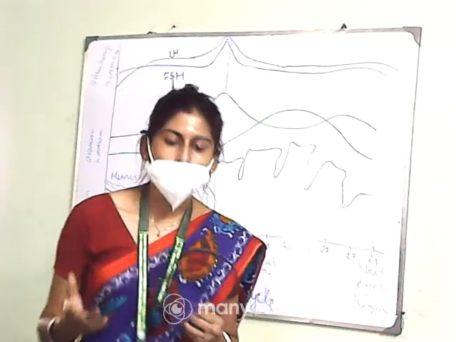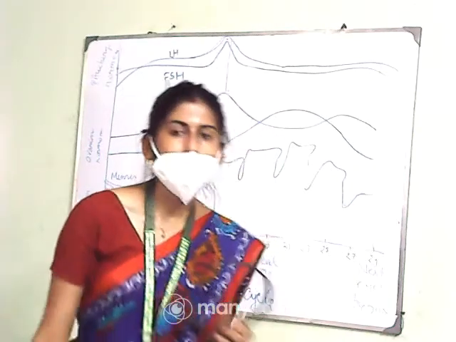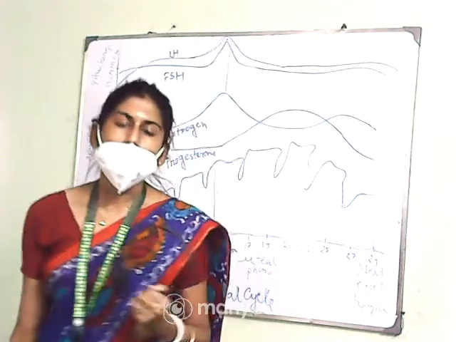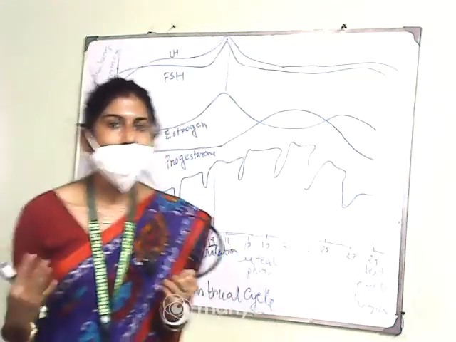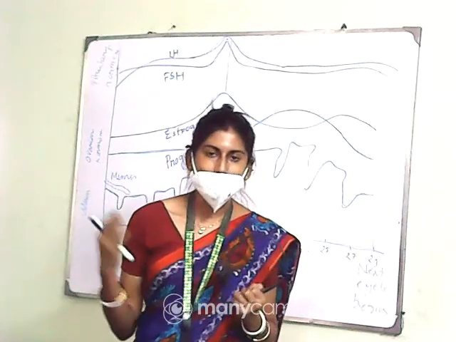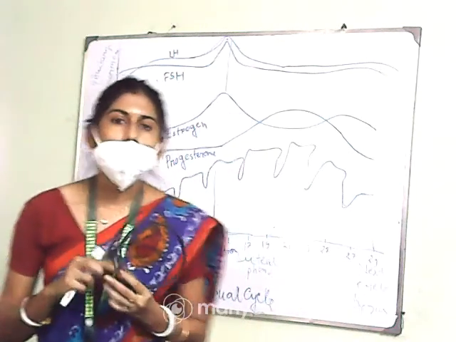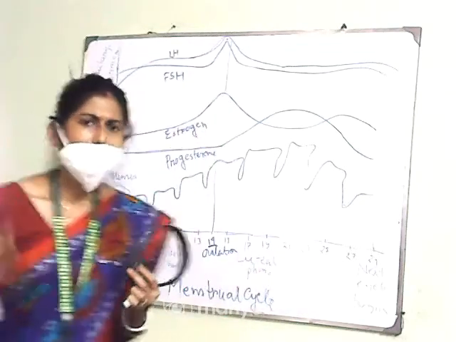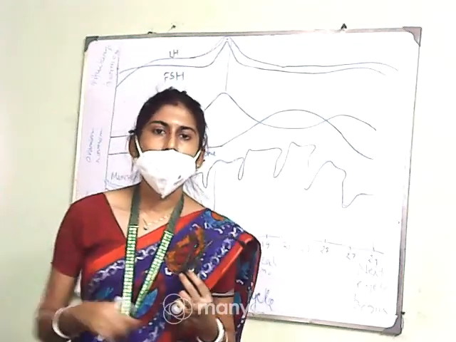So who are called primates? The examples of primates are monkeys, apes, human beings. Okay, and animals which are generally four-legged are considered non-primates. Okay, so like cow, dog, they will come under the non-primates.